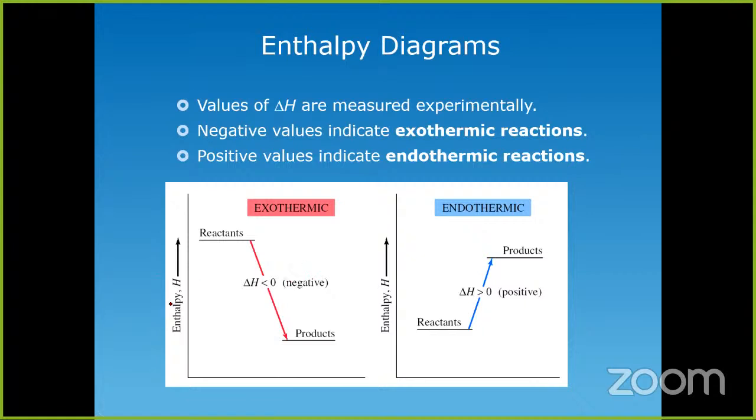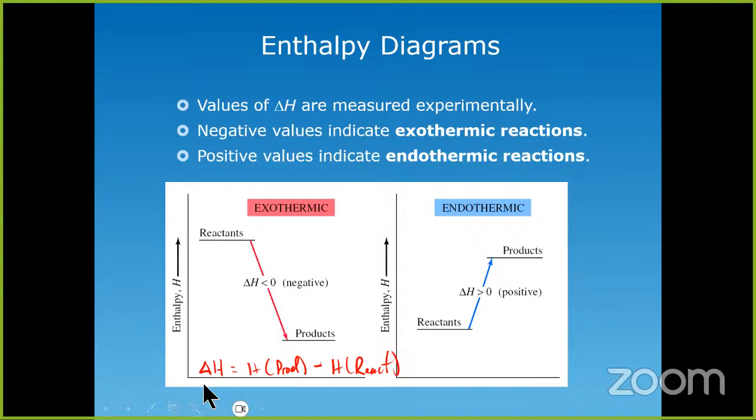In fact, the change in enthalpy would be equal to the total enthalpy of the products minus the total enthalpy of the reactants. All right, so it's always products minus reactants. So if the enthalpy of the products is lower compared to that of the reactants, then the enthalpy change will be negative, which means that the reaction is exothermic.